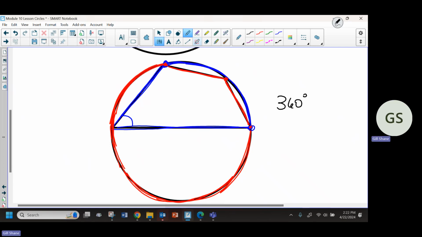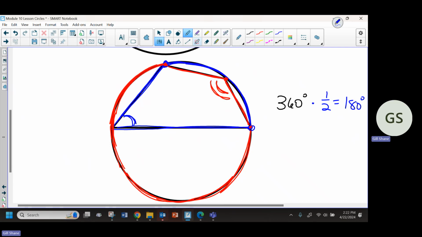Well, I know that the angles I'm talking about, so that red angle there and this blue angle down here, we said are 1/2 of the arcs. Well, if the arcs take up 360 degrees, and the angles are 1/2 of the arcs, then the two angles added together would have to be 180 degrees.